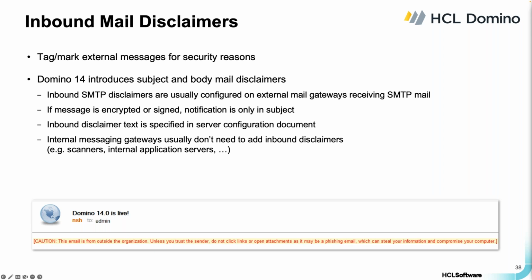These internet mails, or these inbound mails, are tagged at the moment when they come into the first server, and the configuration you can set on your own by defining whether the email should be tagged, as in the message subject should be tagged, or whether you want to have a text being added to the mail body, or maybe both.